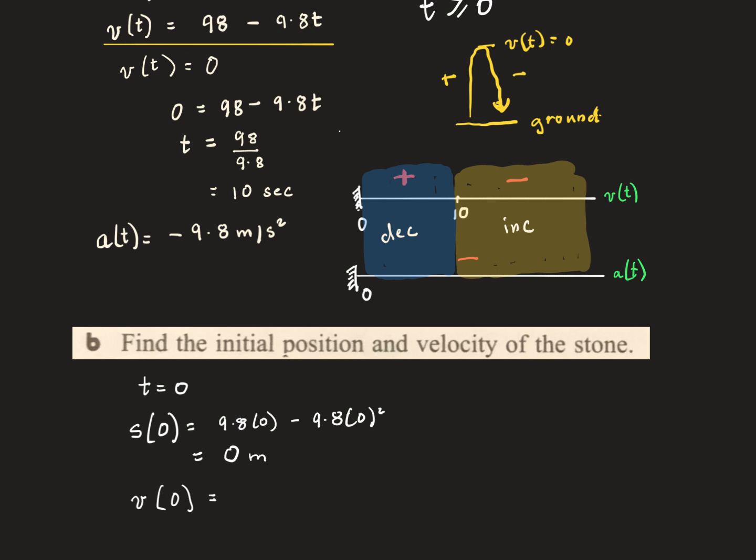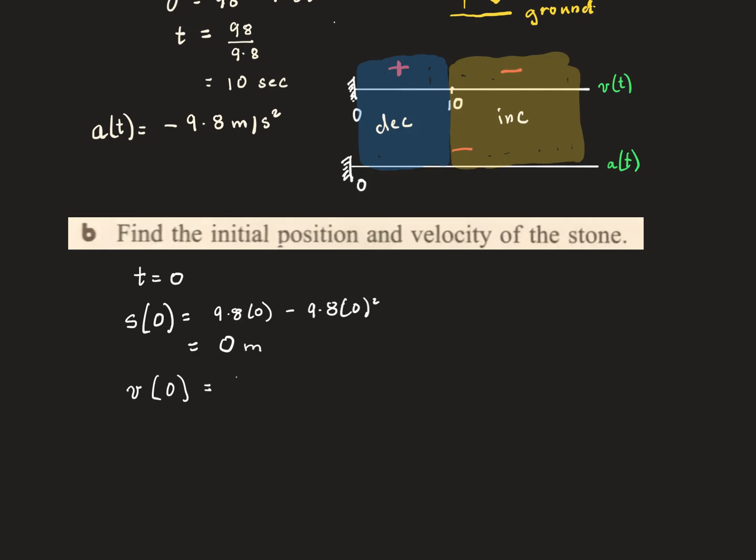Our velocity is going to be 98 take away 9.8 times 0, and that will be 98 meters per second. And because it's a vector, it's important that we say that it is upwards, because we need to know its direction. And of course our displacement was on the ground.